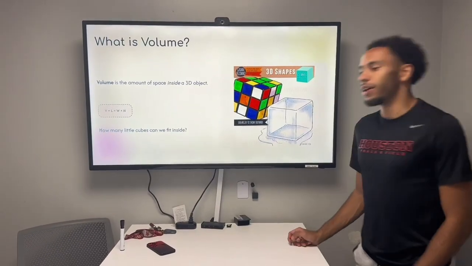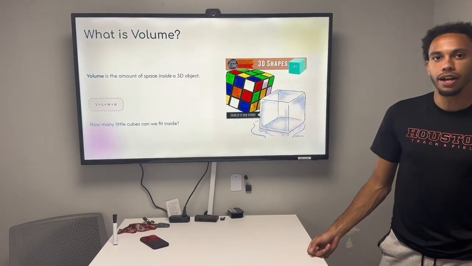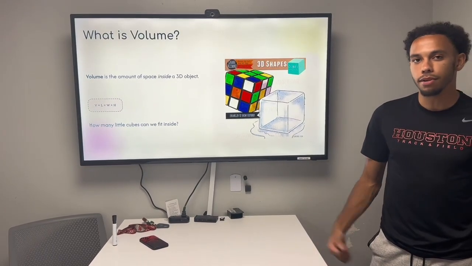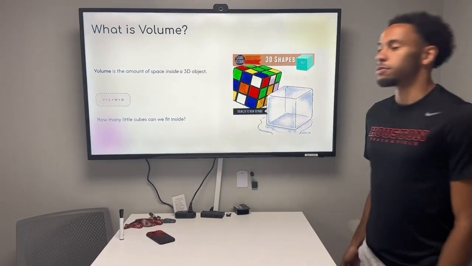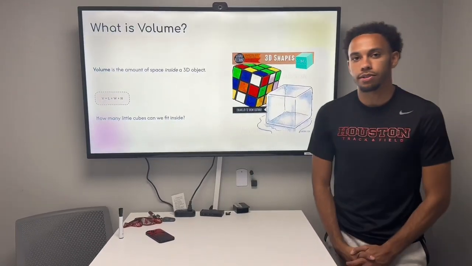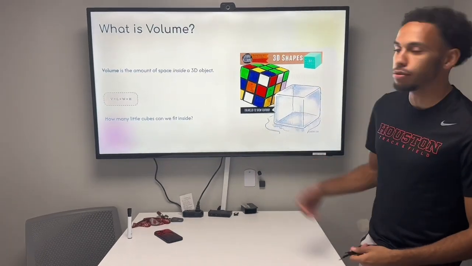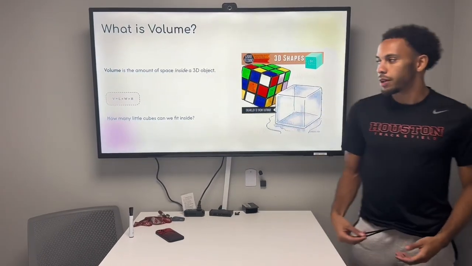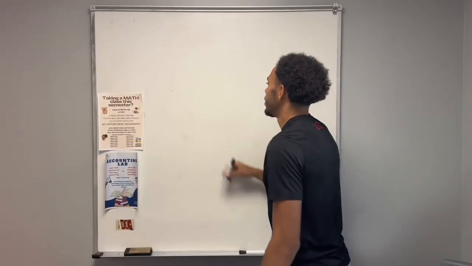Now that we figured out how much space our box will take up, we need to figure out how much we can fit in the box. This is called volume. Volume is the amount of space inside of a 3D object. Volume is very similar to area, we just include the height, which would make our formula length times width times height.